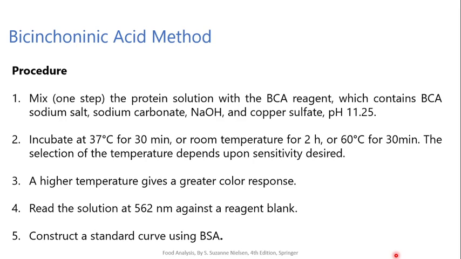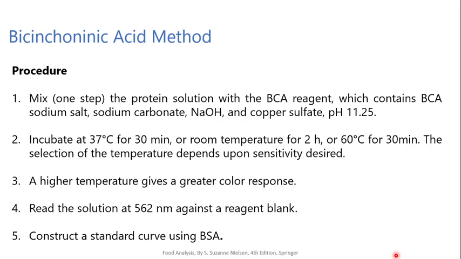Now what is the procedure? In the first step we have to mix the protein solution with the BCA reagent, which contains the BCA sodium salt, sodium carbonate, NaOH and sodium sulfate under alkaline condition. It means that the pH of the solution is around 11.25.